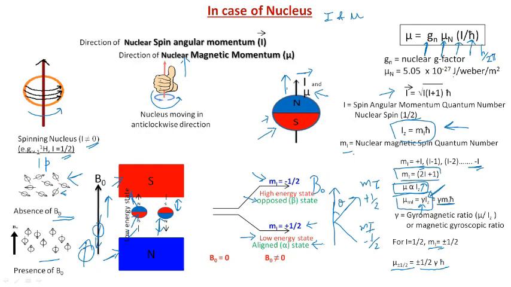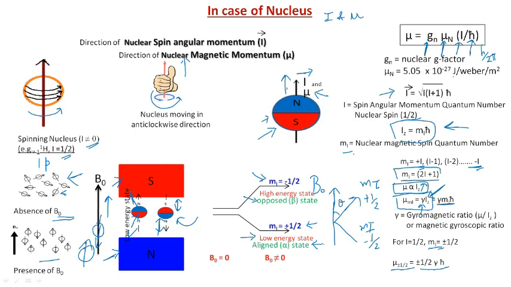There is a force of repulsion between the same kind of poles. Such a dipole will try to align itself in the direction of the applied magnetic field. Therefore, this is a high energy state in the case of a nucleus.